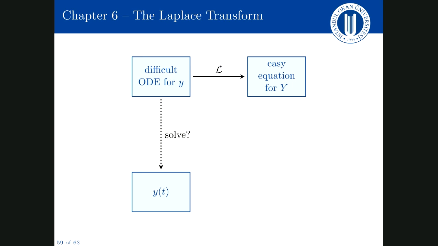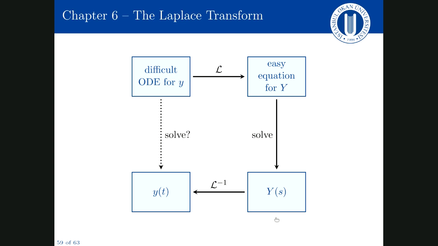If it's an easy equation, we can solve it to find a formula for capital Y. If we know capital Y, then perhaps we can take the inverse Laplace transform to find small y. Instead of having to solve a difficult equation, we use the Laplace transform, we solve an easy equation, and then we use the inverse Laplace transform.